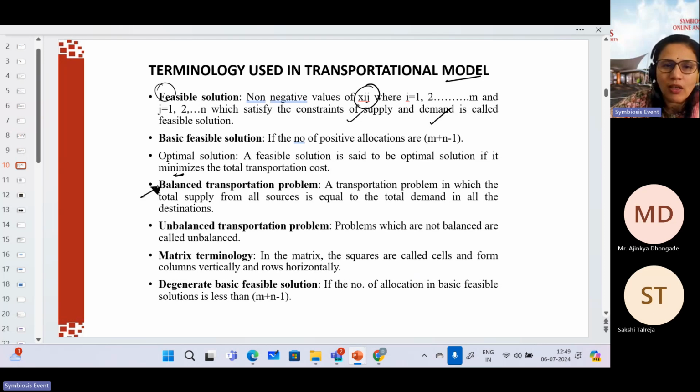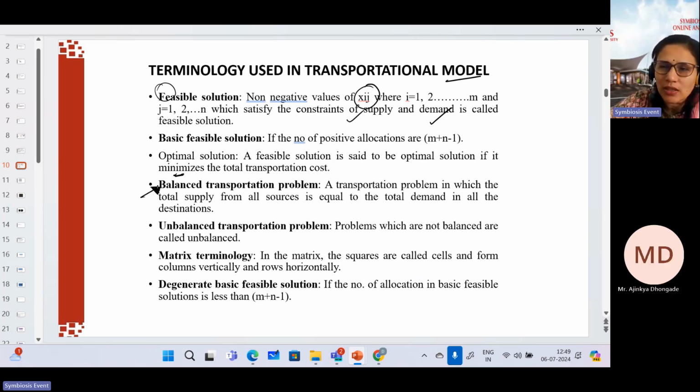So if there are five suppliers and there are three destinations where the values are needed, the total number of units to be supplied should be equivalent to the total demand. If this happens, then I say my system is balanced in nature. But if your supply is more and demand is less, or the reverse, supply is less and demand is more, then we call this an unbalanced transportation problem.